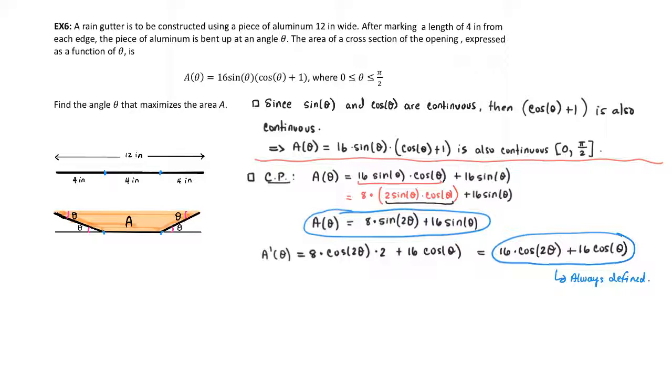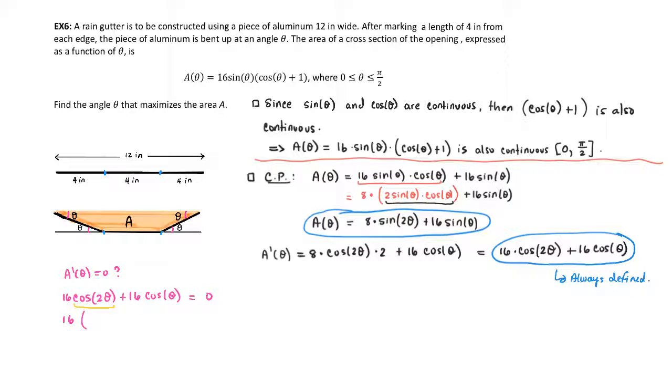I'm going to go from the left here of the screen. So when will A prime of theta equal 0? Let's take 16 cosine of 2 theta plus 16 cosine of theta and set that equal to 0. Now, I'm going to have to use the identity for cosine of 2 theta. If you forgot, you can derive it or just quickly look it up.